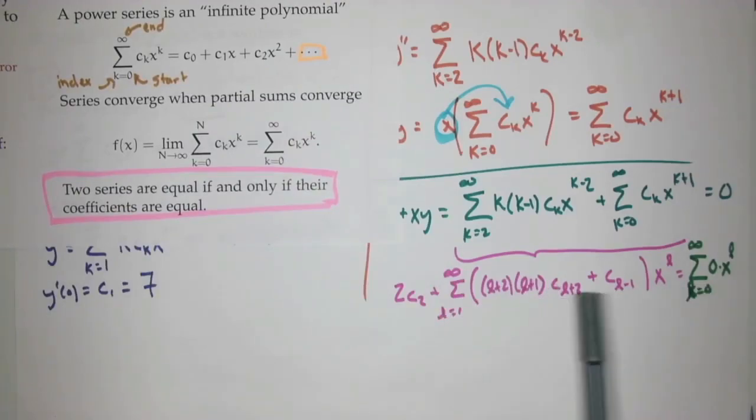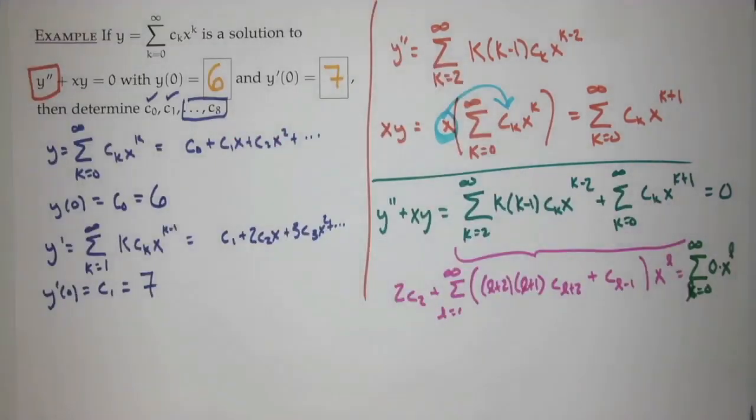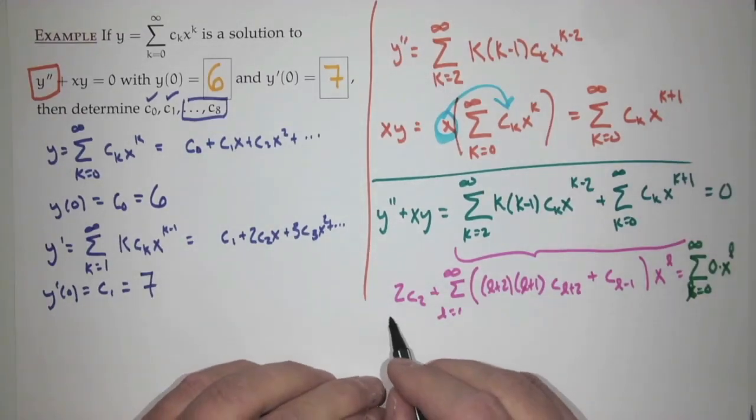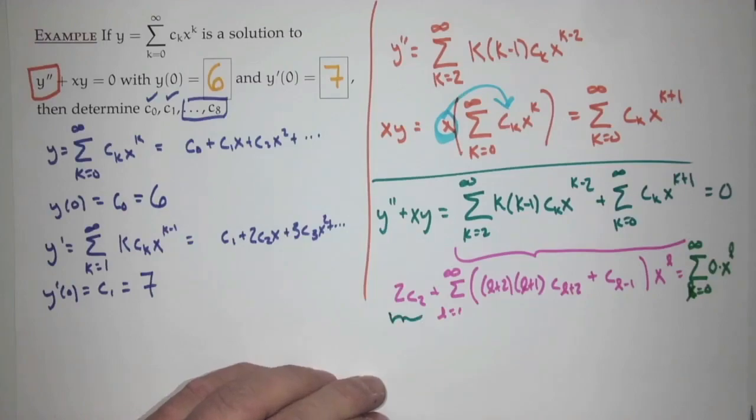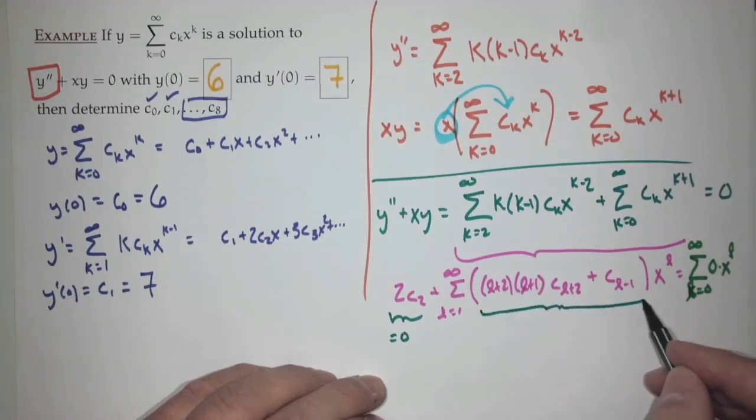These two things have to be equal to each other. So, our conclusion. What does that say about this 2c sub 2, the constant on the left-hand side? This has to equal 0, because the constant on the right-hand side is 0. What about the coefficient of x to the power L?